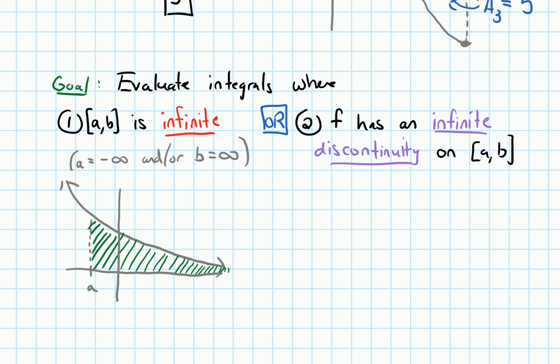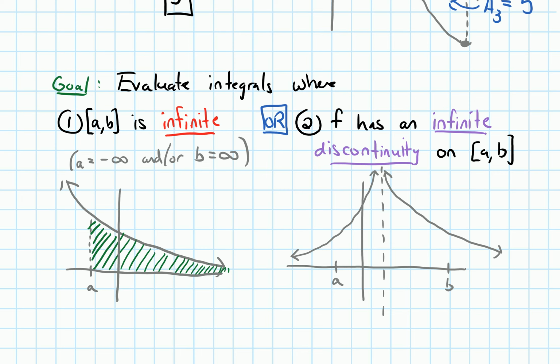Let's draw an example of that. If I draw some axes, let's say this is where a is, and this is where b is, and my graph does something like the following. Let's say it gets infinitely large somewhere in the middle of the interval, because there's a vertical asymptote. And then maybe on this side, it's doing something else.